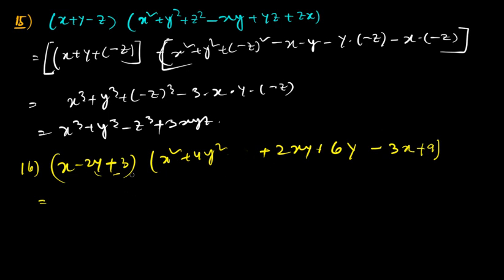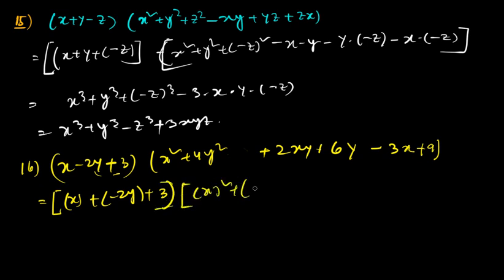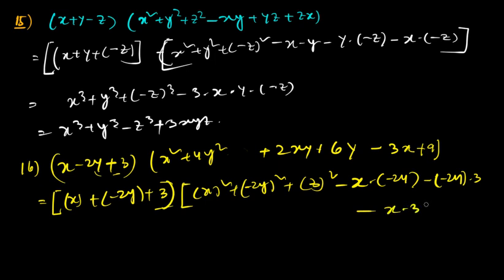So we can convert it into the standard form. x plus of minus 2y plus 3, times x square plus minus 2y square, actually 3 square, minus x into minus 2y minus minus 2y into 3 minus x into 3.